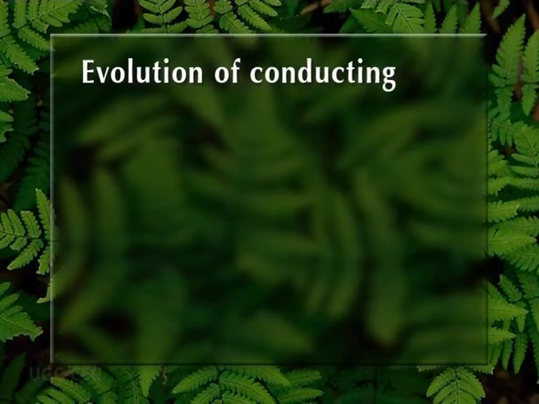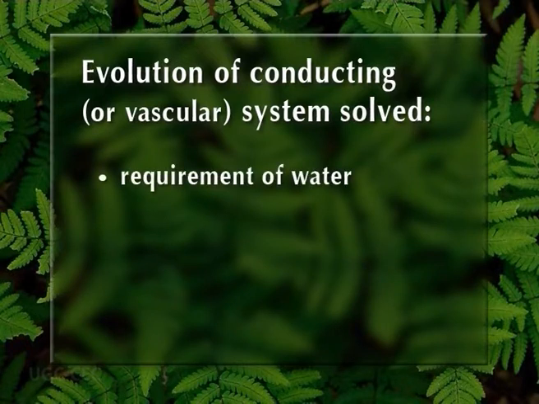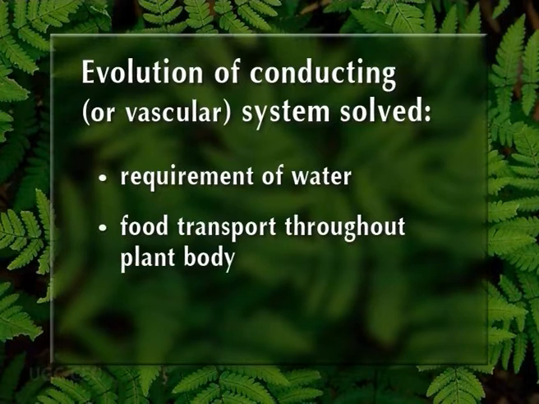The evolution of this conducting system solved, number one, the requirement of water, number second, the food transport throughout the plant body, which is an essential requirement for an organism to grow on terrestrial land.